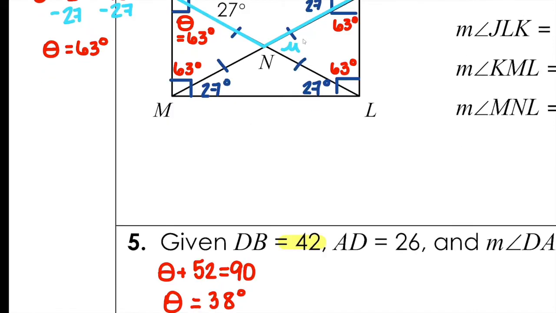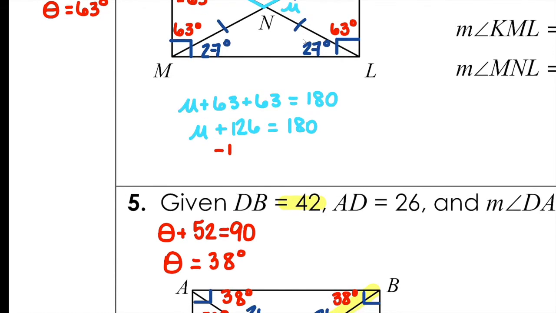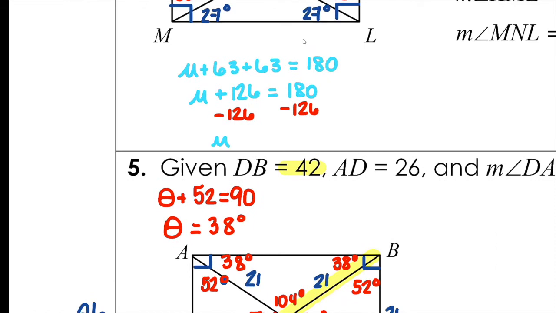So mu plus 63 plus 63 equals 180. 63 and 63 is 126. And then we subtract 126 from both sides. Mu is 54.